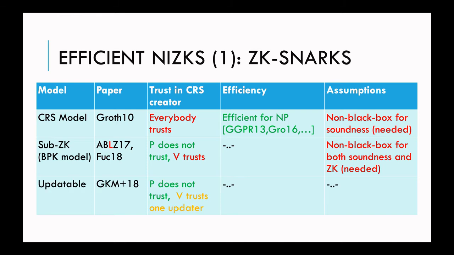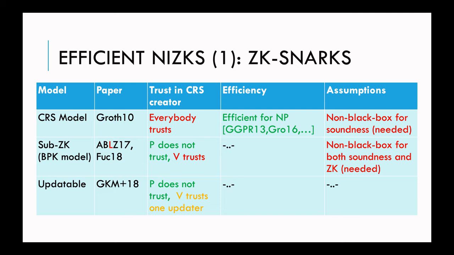An even newer model is called Updatable SNARKs. It was proposed by Groth, Kohlweiss and co-authors in 2018. And in this case, the prover again doesn't have to trust the CRS or the CRS generator. The CRS is updated sequentially by many different parties, and the verifier has to trust only one of the updaters.